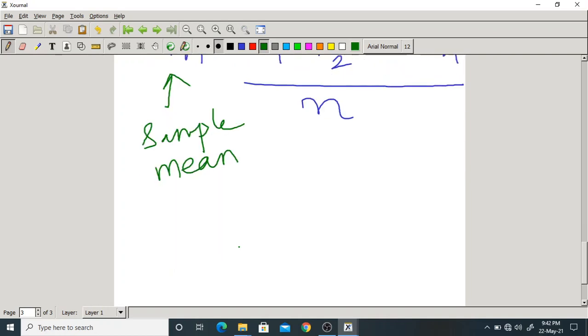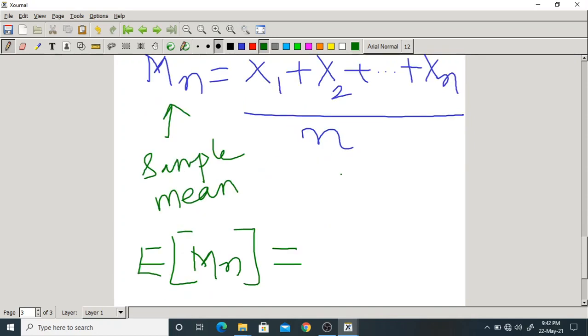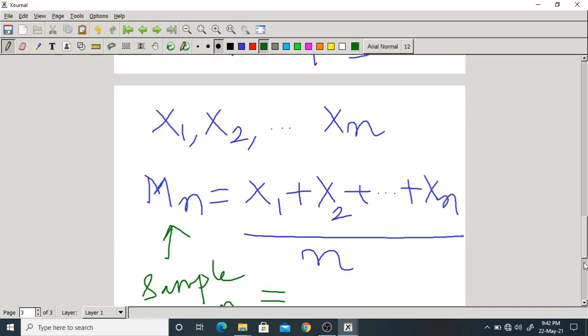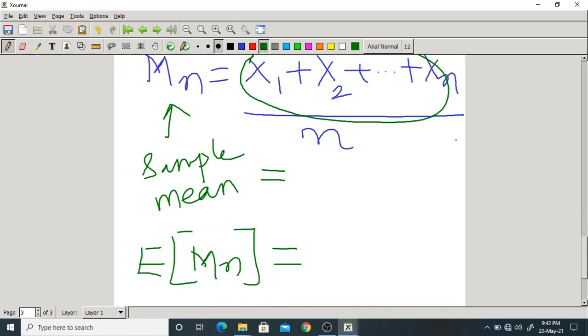Now, what is the mean of the sample mean? I mean the expectation of Mn. In the numerator, in the simplest words, what is this? This is simply nothing but Sn, isn't it? So this is Sn by n.